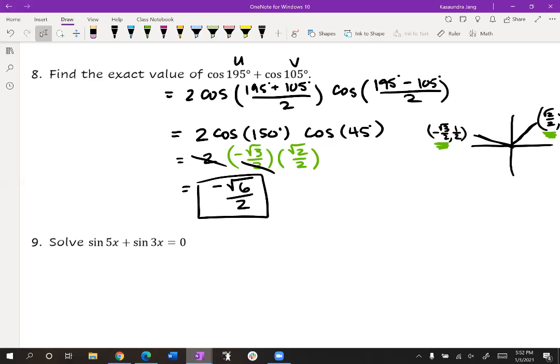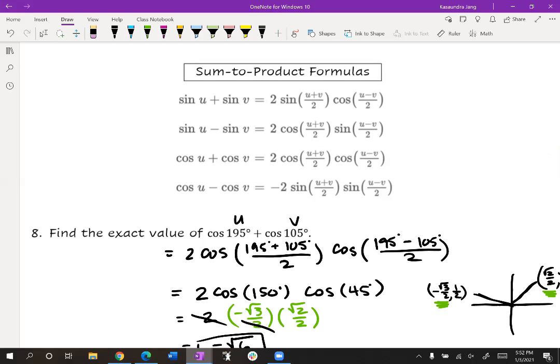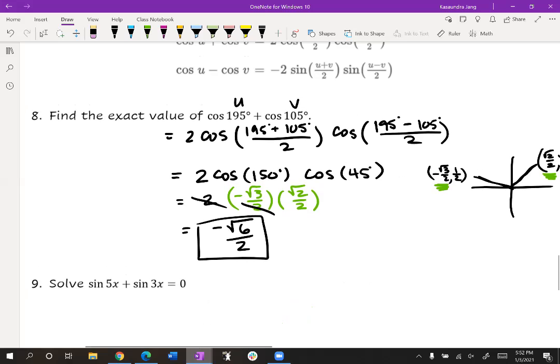I think I'm going to have to use my sum to product. There we go. That's probably why it's in this section here. In fact, this is a sine of 5x plus sine of 3x.